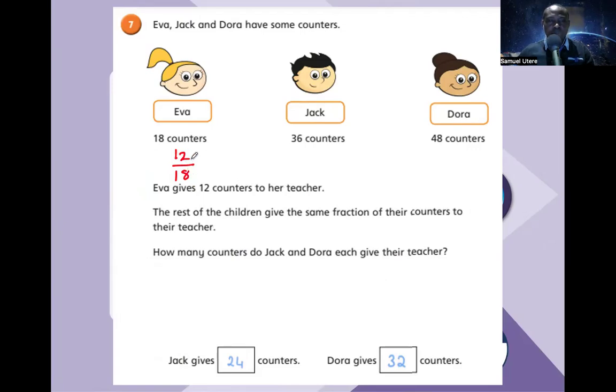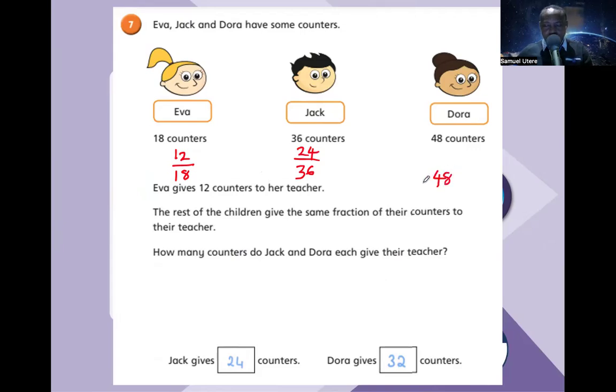So if this is 18 and then this has to be 36, and it has to be the same fraction of their counters that is given to their teacher, the relationship between 18 and 36 is 2. So Jack should have given 24. Because if we know that the factor for the denominator is 2, the factor for the numerator has to be the same. So that's why we have 24 counters. And then Dora is 48.